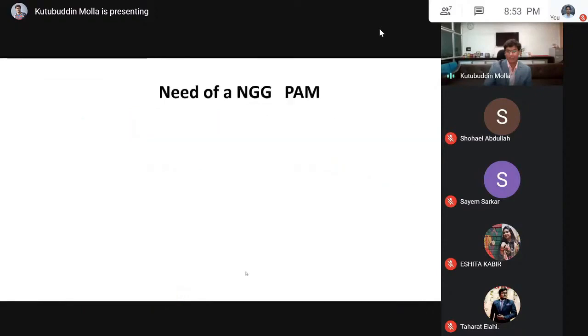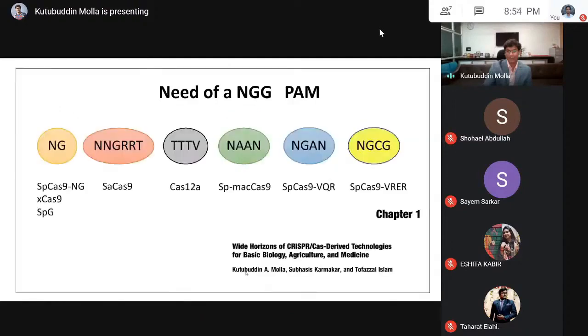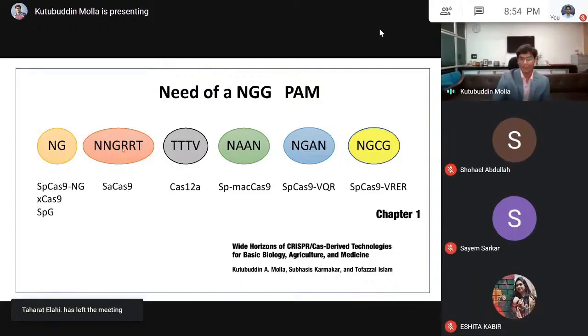The next limitation was the NGG PAM; you must have an NGG PAM. This technology is moving so fast that every day many papers are published, and there are many efforts to engineer SpCas9 to relax the PAM requirement. For these three engineered Cas9 variants, NGG is not required; only the presence of NG is sufficient to make a cut. Then there is Staphylococcus aureus Cas9, which has a different PAM requirement.